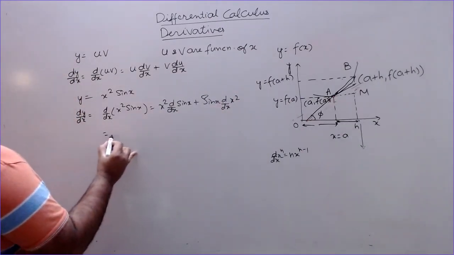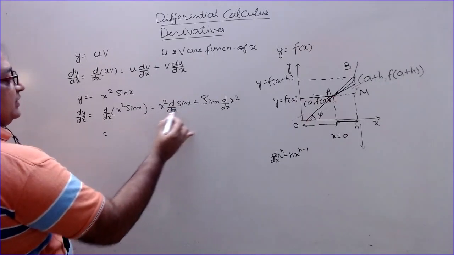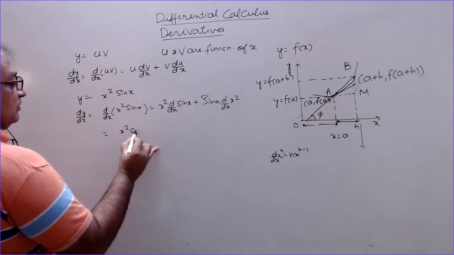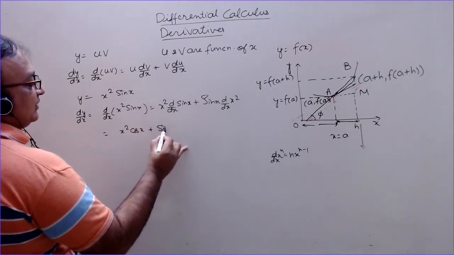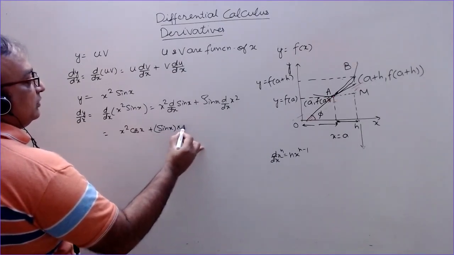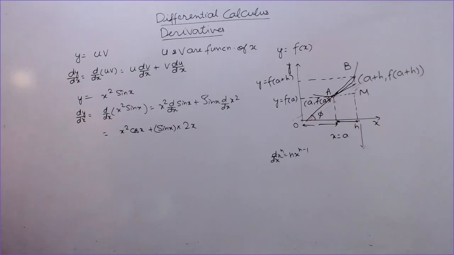So this gives us the derivative of sin x is cos x, which we have just solved, plus sin x into the derivative of x square, which is 2x. This is how you can find the derivative of a product of two functions of the same variable.